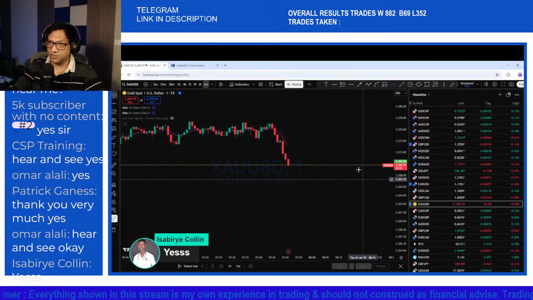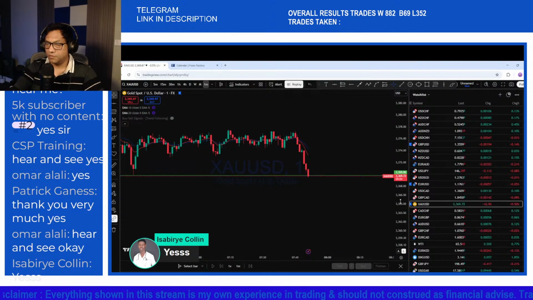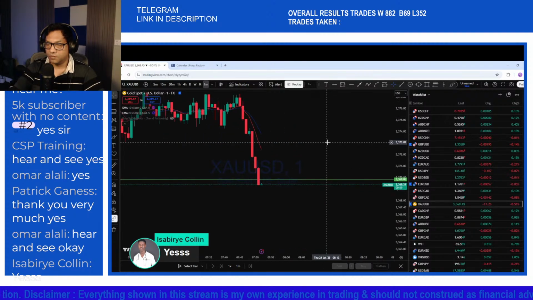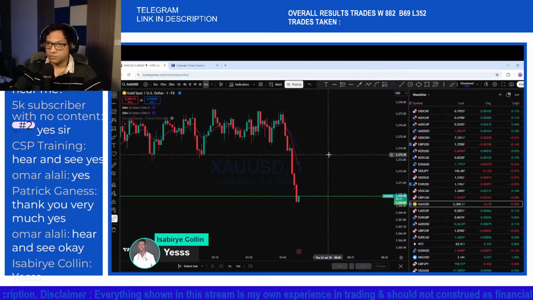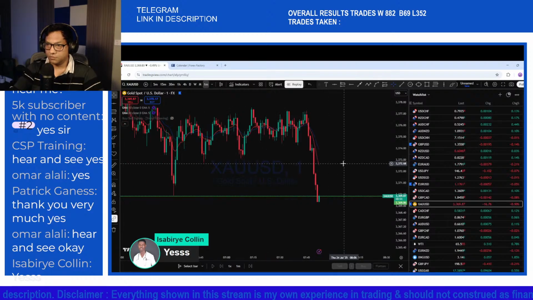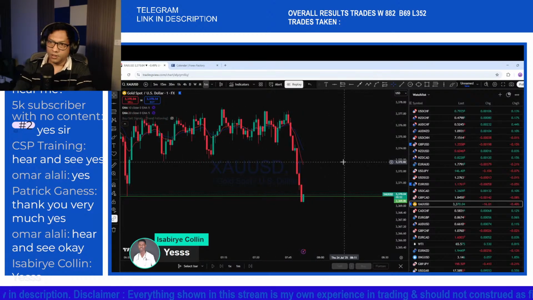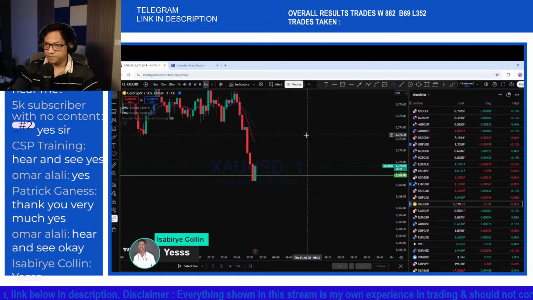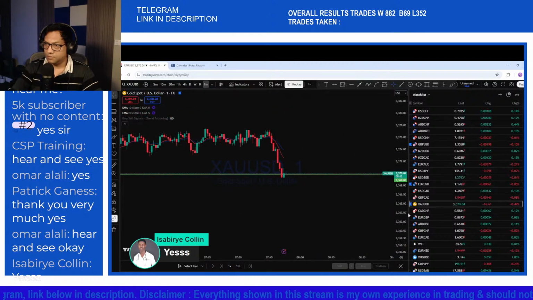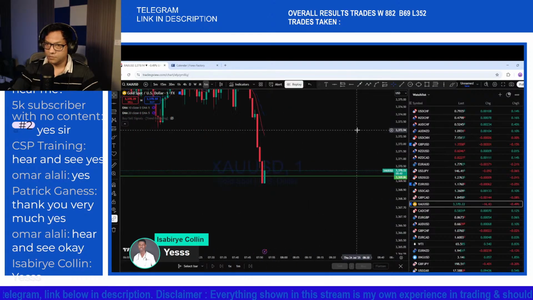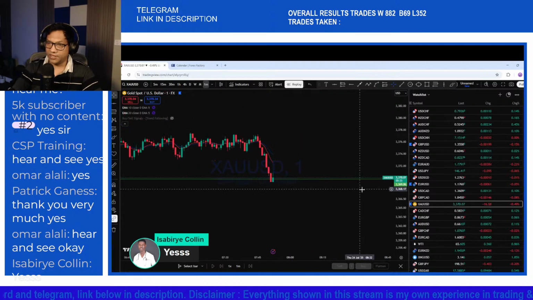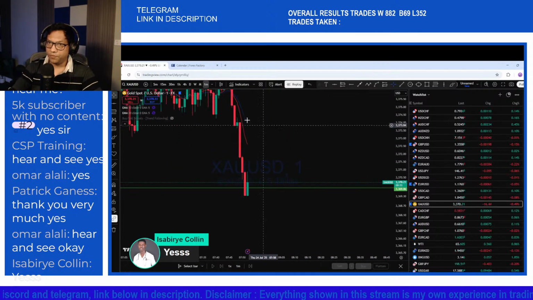The price has just broken the support level. Just create an overextended market below here in this market.